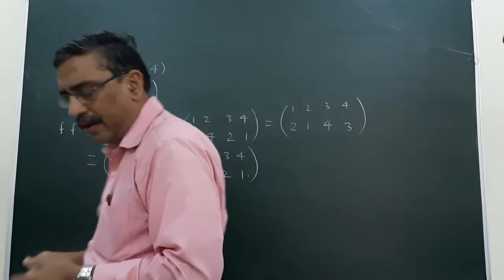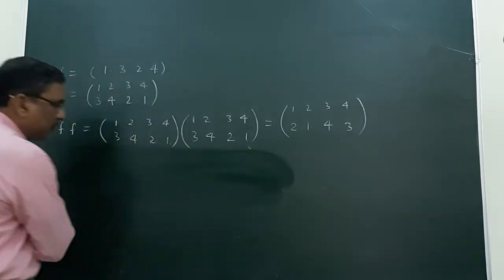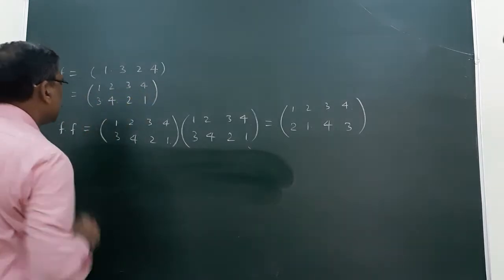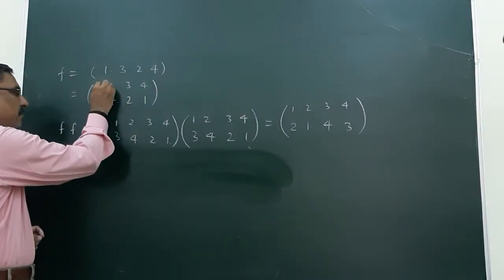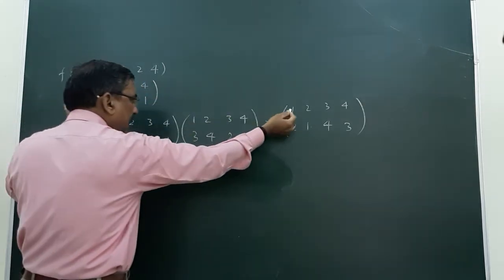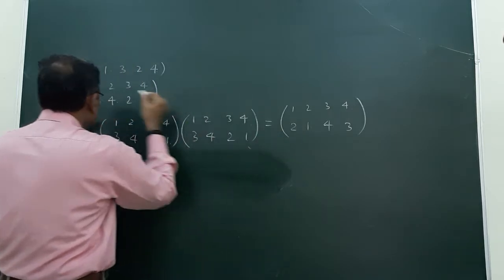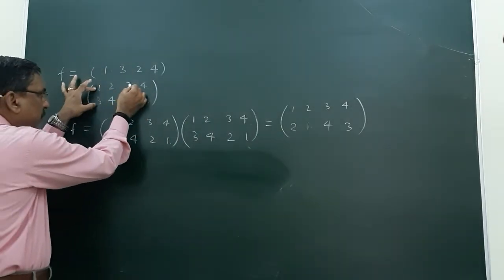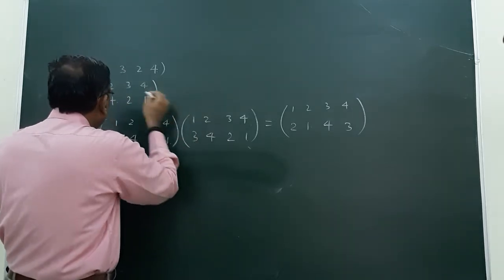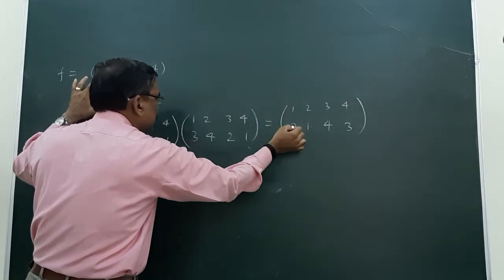This can also be found in a straightforward manner. We use this: the image of 1 under f is 3 and the image of 3 is 2. So I can write straightforward the image of 1 as 2. The image of 1 is 3, the image of 3 is 2 under the map f. So in squaring this I can write the image of 1 as 2.